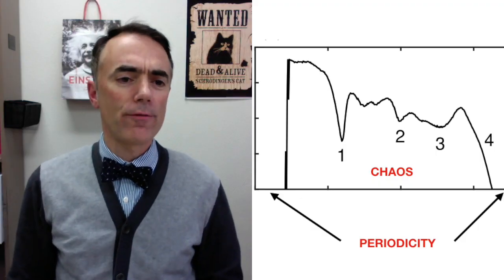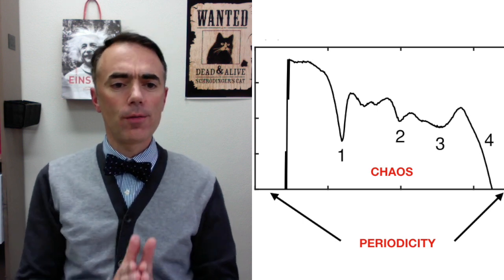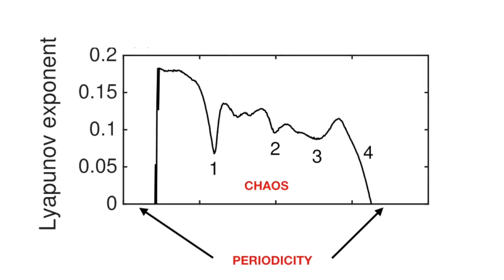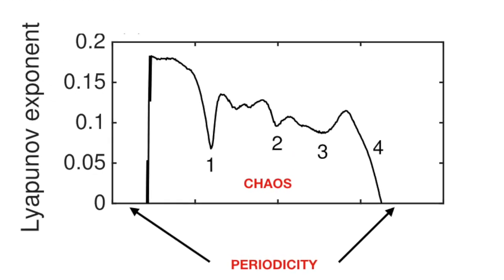Look at this graph. This graph represents the Lyapunov exponent versus the damping parameter in the case of the Duffing oscillator. Remember that system where we have an oscillator, we have damping, and we have those two wells, and the system is moving between those two wells. If you remember, at the beginning the system was not chaotic, then it jumped into the chaotic region, and at the end it was not chaotic again.